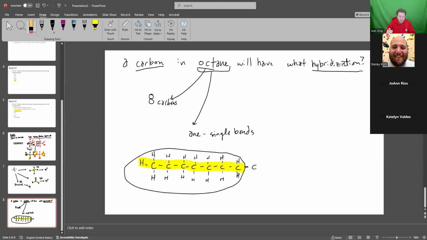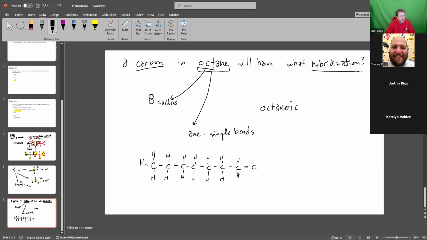What you have to keep in mind though is what are the functional groups? So here I'm going to change my molecule. It's not going to be octane anymore. I think that the name would be octanoic acid.